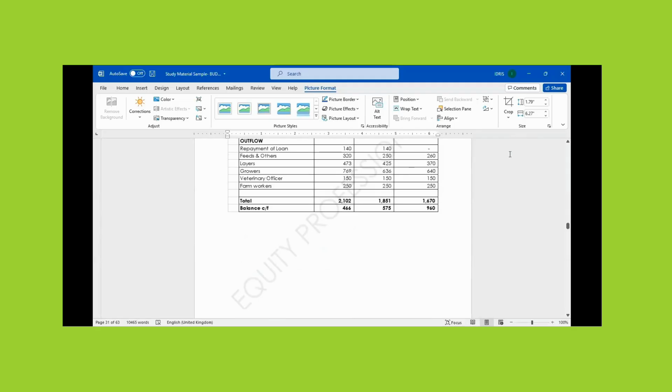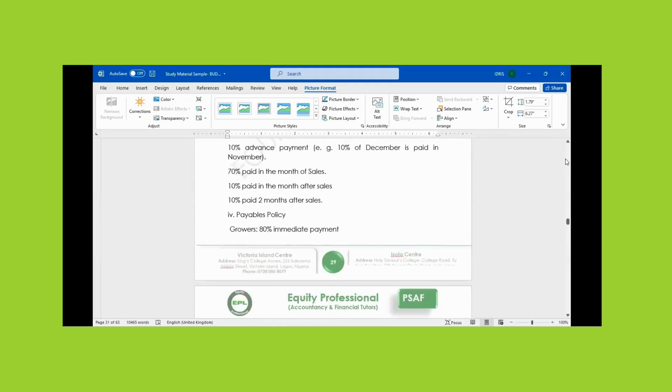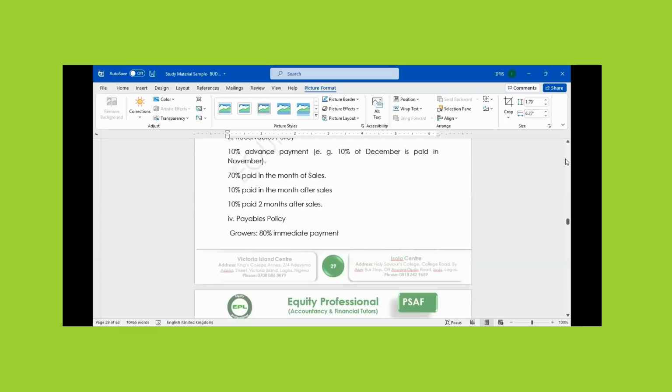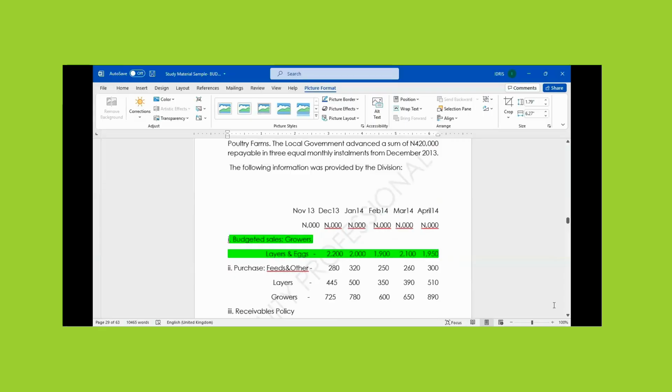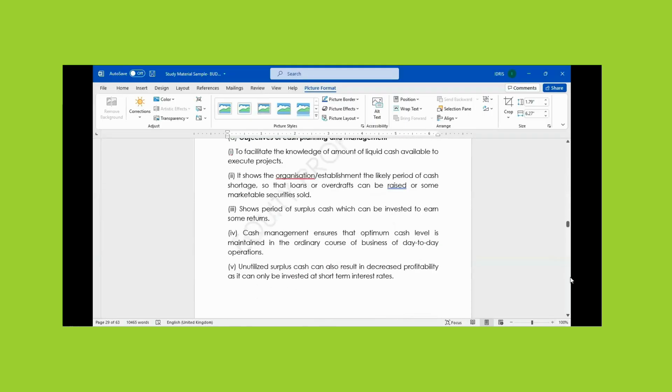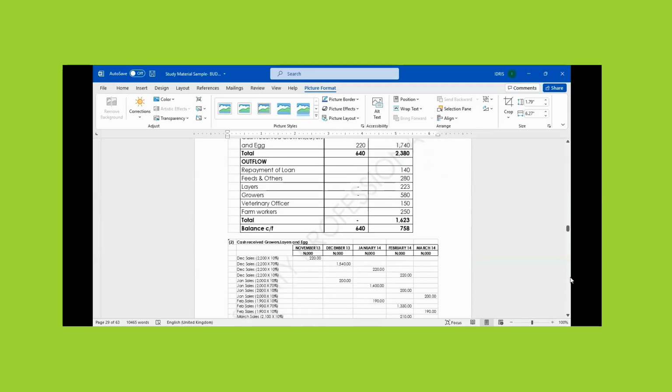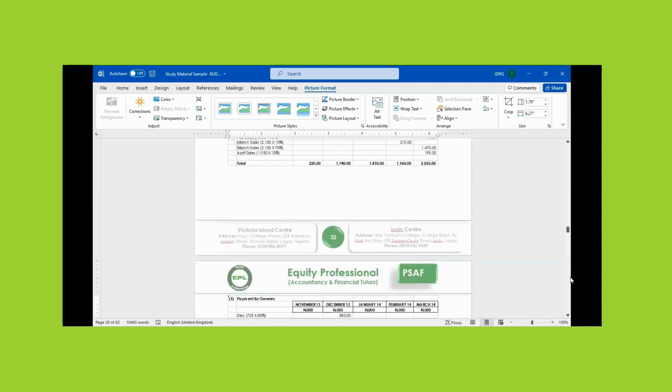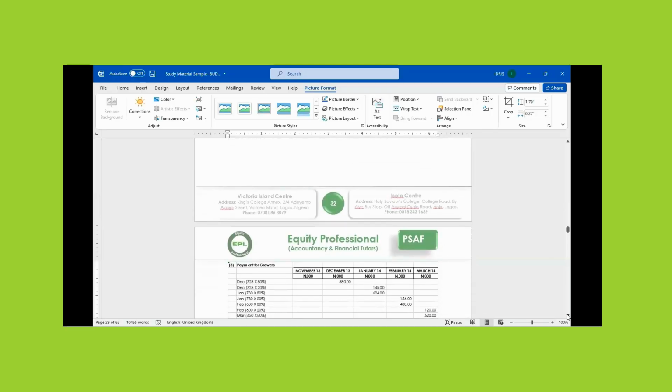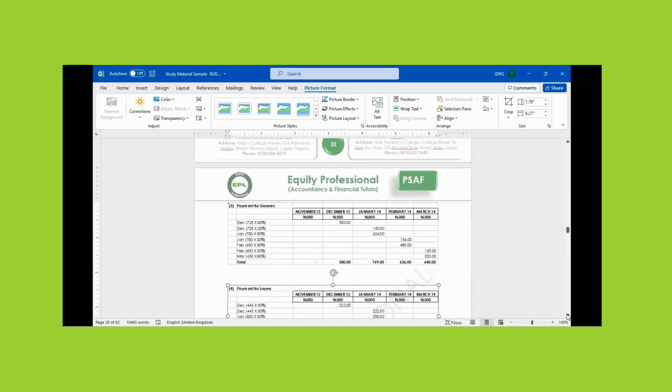We now move to the third purchases, growers. How do we pay for growers? 80% immediate payment, 20% the following month. So we start from December. The purchase of growers in December is 725, Abi?